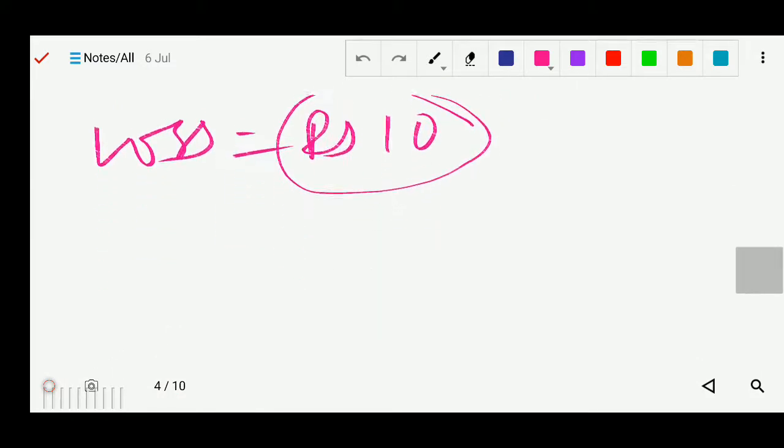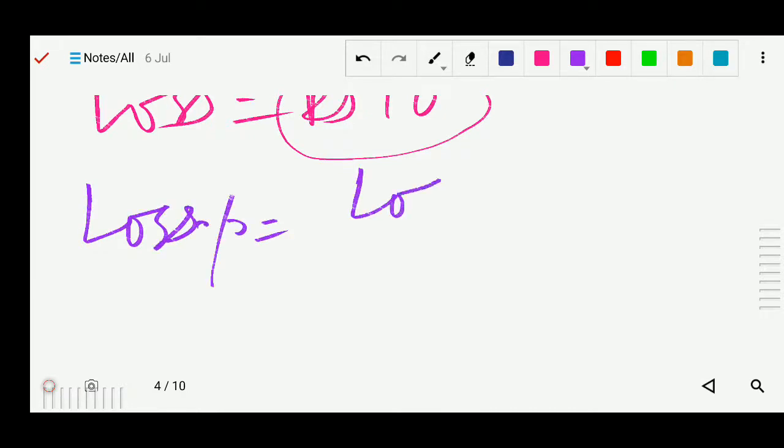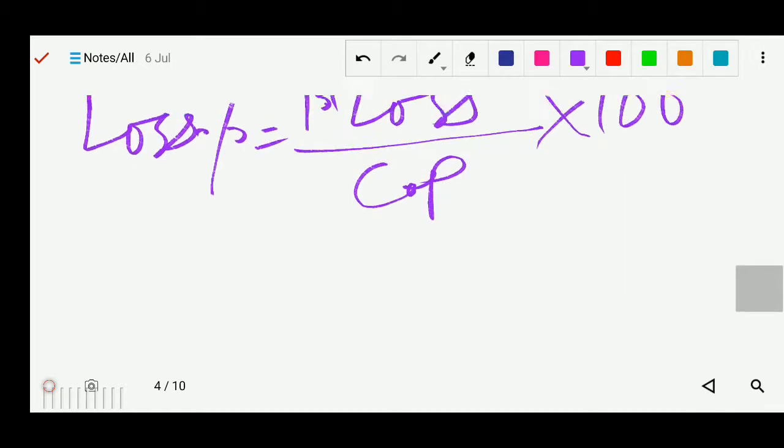So we have the loss. What is the formula? The formula is loss percent equals total loss divided by cost price, multiplied by 100. Now what is the total loss?